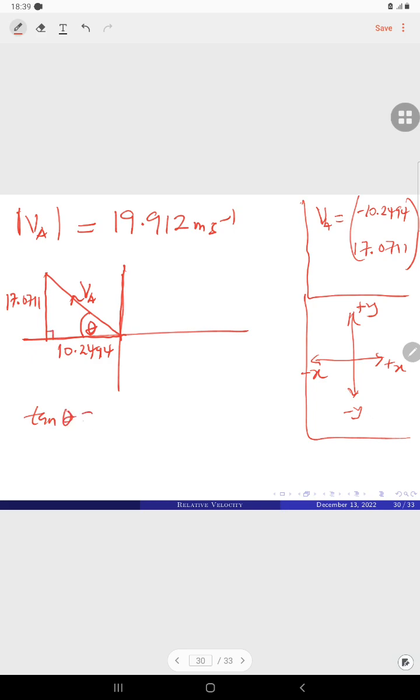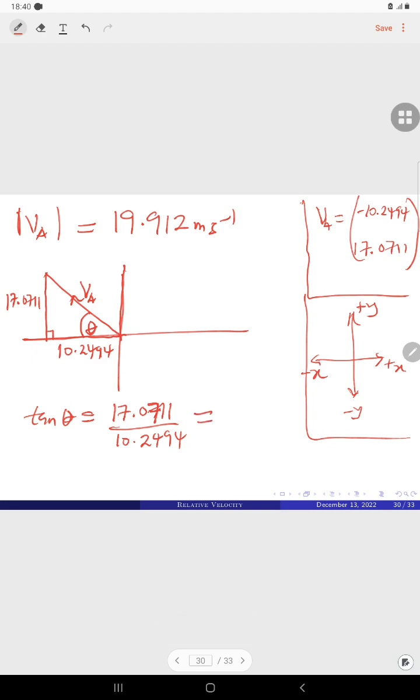Tan theta, using the trigonometric ratio, 17.0711. If you don't have any idea on trigonometric ratio, you can pause the video, search for it, then you come back and continue. 10.2494.